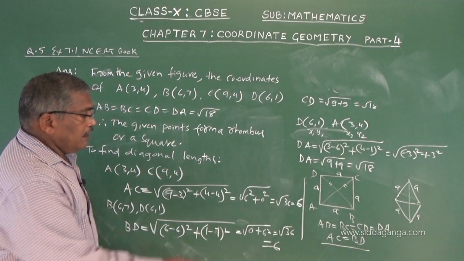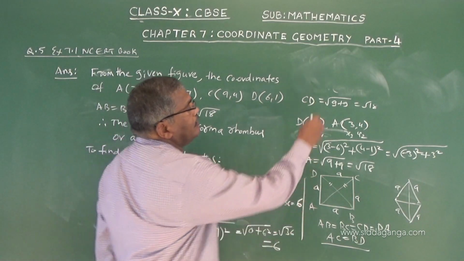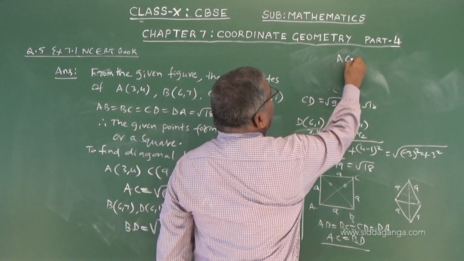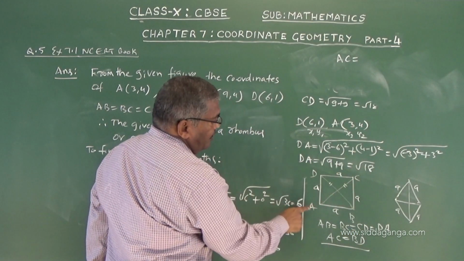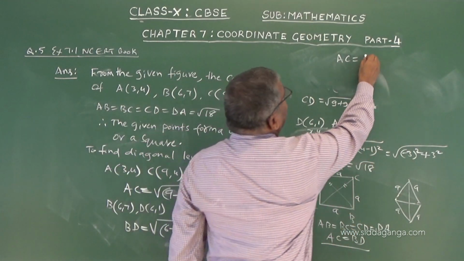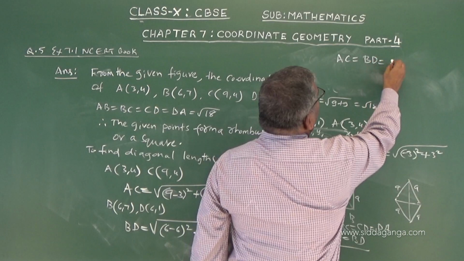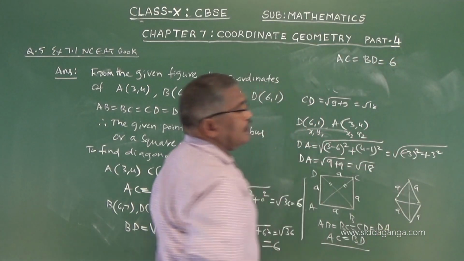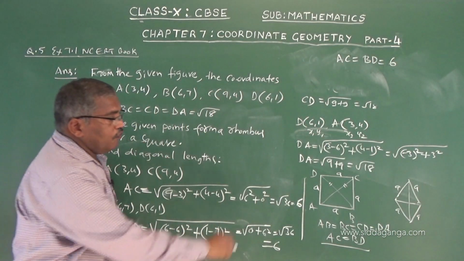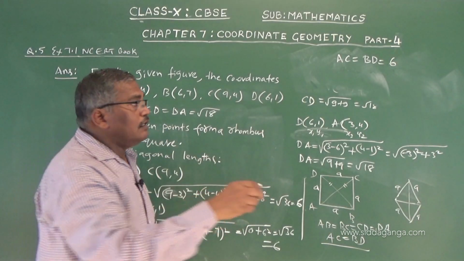Diagonals are equal in this case. We got 6 and 6. AC is equal to BD, which equals 6. So all four sides are equal, and the diagonals are equal.